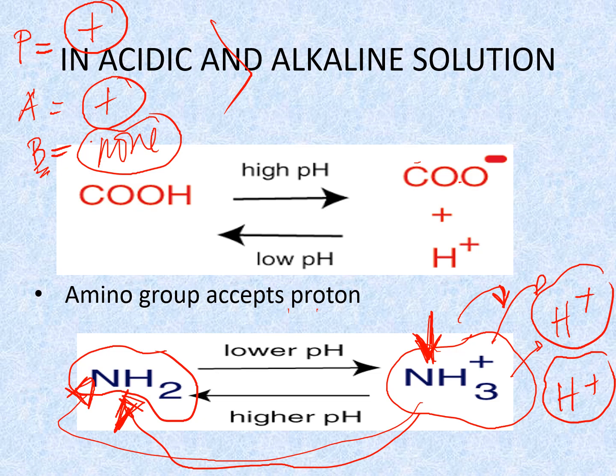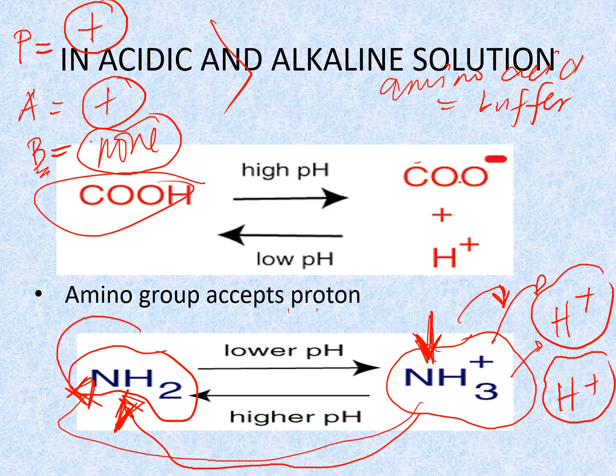So in this sense, your amino acid can act as a buffer also. And that is thanks to the carboxyl group and the amino group of your amino acids. These functional groups can either lose protons or can accept protons.